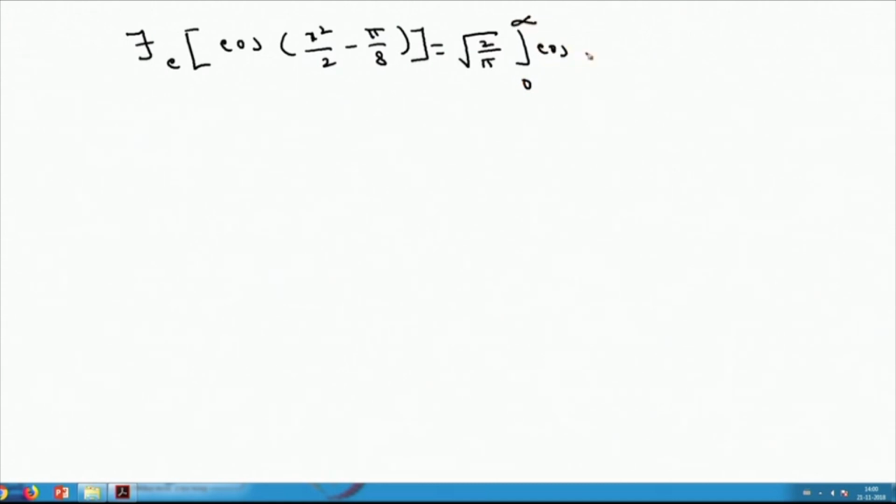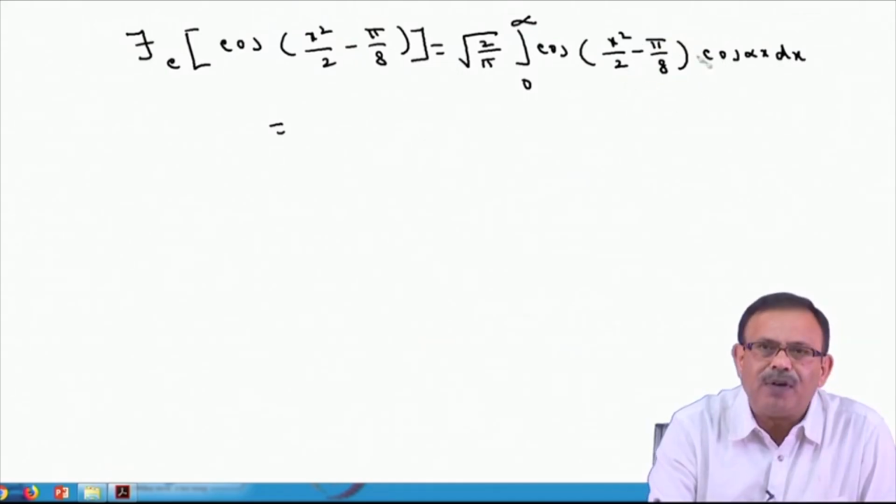So, 0 to infinity cos of x square by 2 minus pi by 8 into cos of alpha x dx. This cos function is there, and therefore the function is an even function.